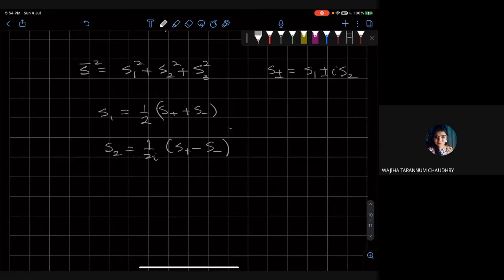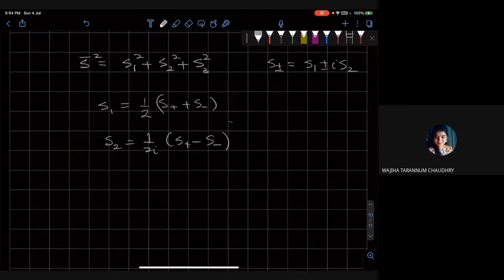Now I can ask, what is S1 squared plus S2 squared? I want to convert these two into these plus and minus operators.